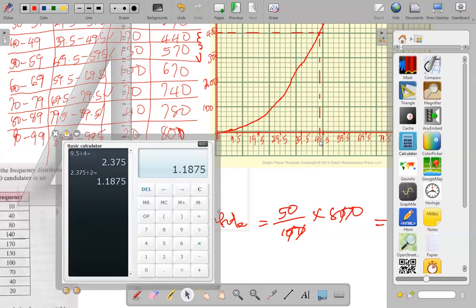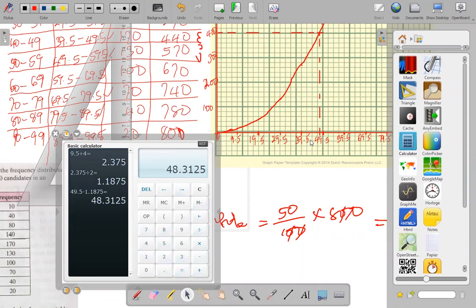So I will subtract 1.1875 from 49.5 to know the actual value here. 49.5 minus 1.1875.